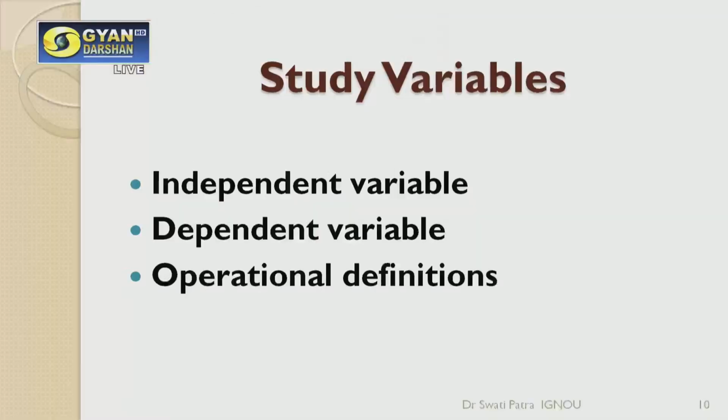Majorly, we have to understand that we have independent variables and dependent variables, which are to be mentioned in the topic. There are other types of variables also, but what we mention in the topic is the independent variable, whatever the researcher is manipulating, and the dependent variable, whatever is the result of the manipulation, what we are trying to find.